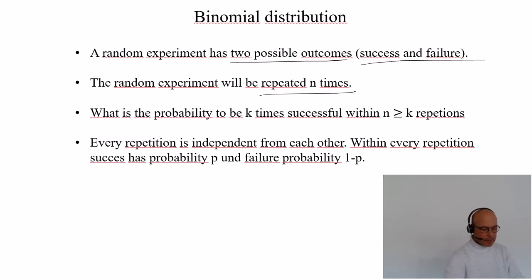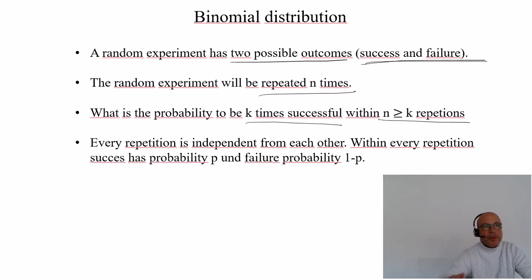And then we want to know what is the probability, if I flip my coin n times, or redo such a binomial random experiment with two outcomes, that I am k times successful within n, then of course k is not larger than the n repetitions of my experiment.